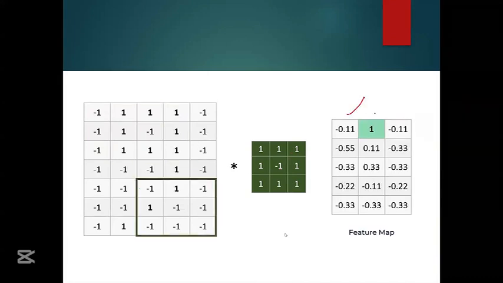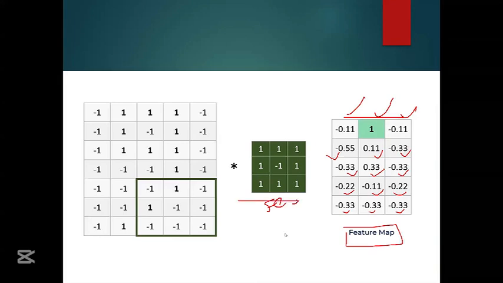Likewise, I am getting all the numbers or all the mathematical data. I will fill all the mathematical data into another matrix, right? So we call this a feature map. So this is the feature or the pattern I am searching for in the image. This is the main image or the original image.